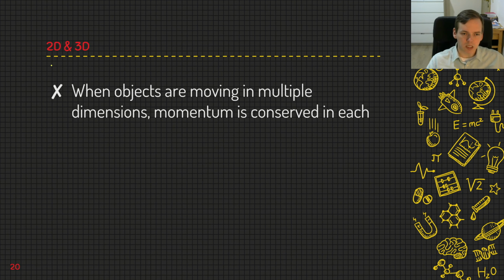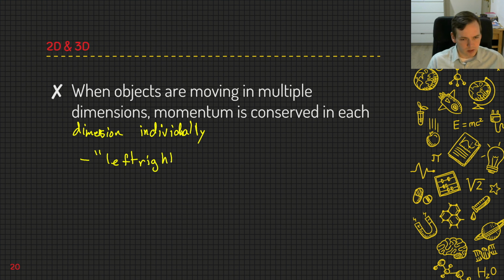So 2D and 3D, when objects are moving in multiple dimensions, momentum is conserved in each dimension individually. So in other words, the left-right momentum is conserved.